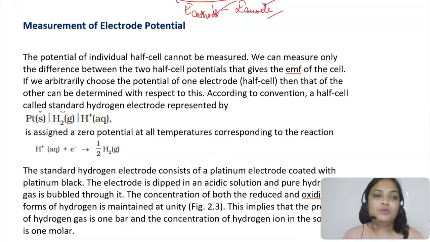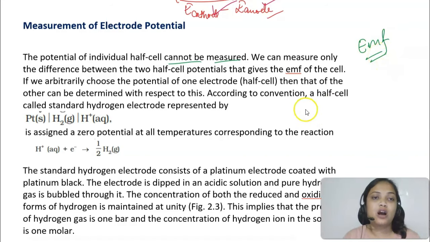So the thing is, students, that the potential of an individual half cell cannot be measured. We can just measure the difference between the two half cell potentials, and that difference gives us the EMF of the cell, right? So then how can we measure the half cell potentials?